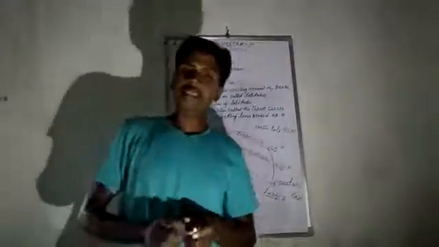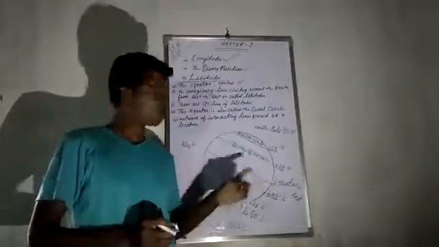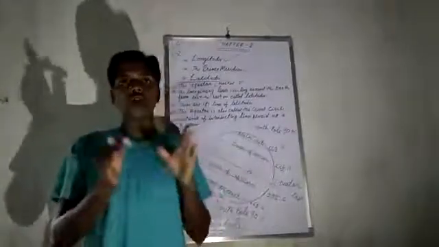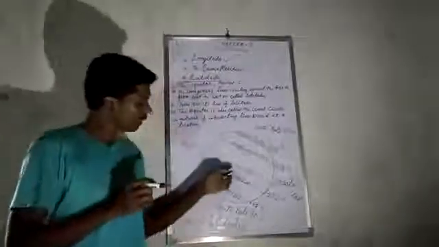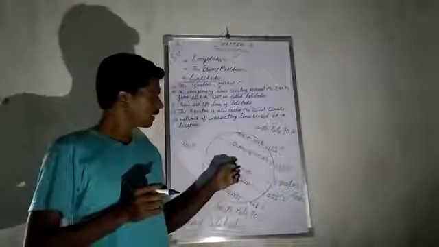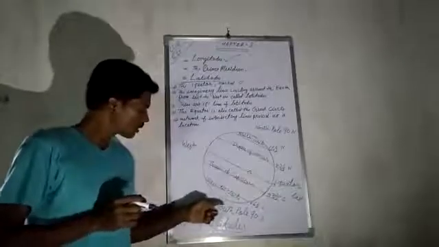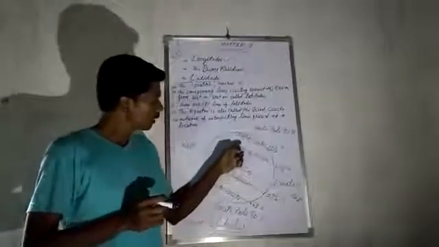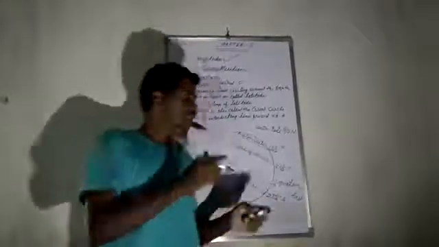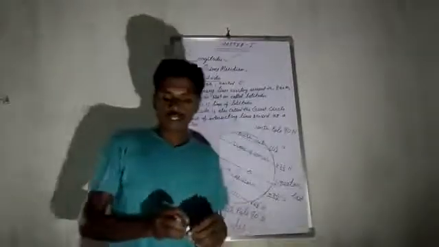As they move towards the poles, they keep getting shorter and shorter. You can see in this figure, as the latitudes move towards the North Pole and the South Pole, they become shorter and shorter, because of the rounding.